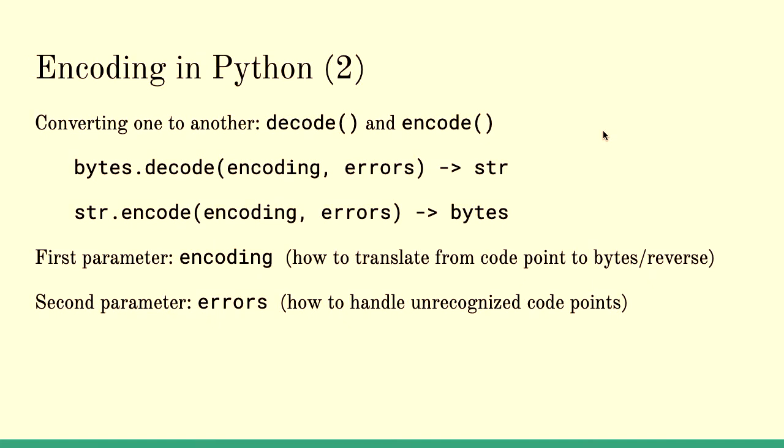The first parameter is the encoding, which dictates how you want to transform those code points into bytes. The second parameter is how to handle a case where those code points aren't recognized, or this particular sequence of bytes isn't recognized as a valid code point. So it's pretty simple at a glance if you want to handle encoding, right?